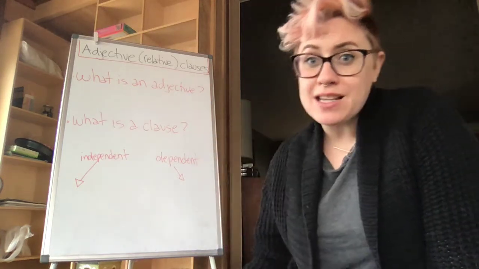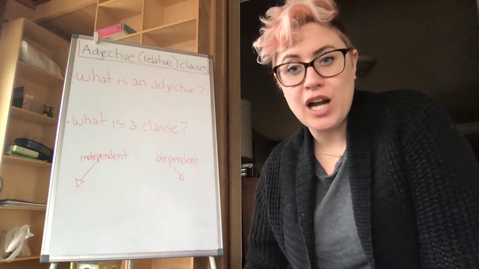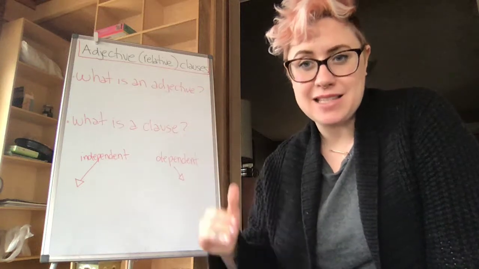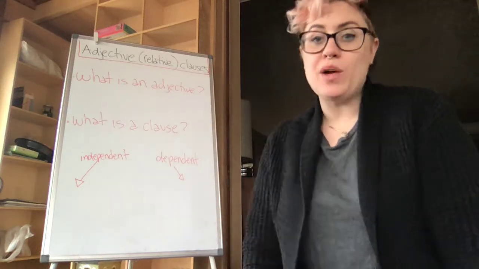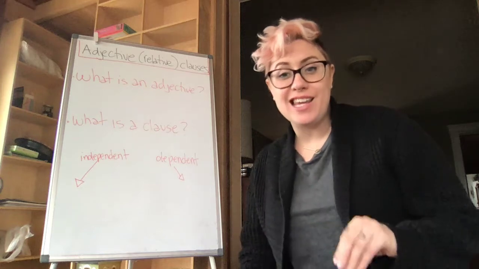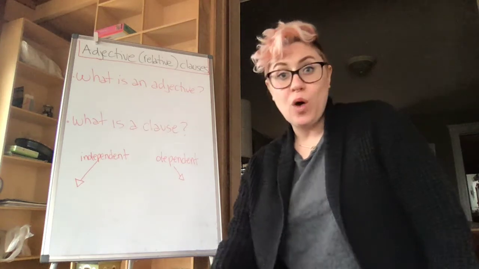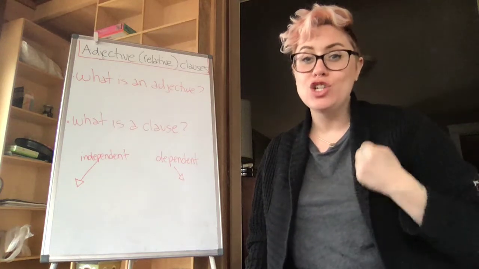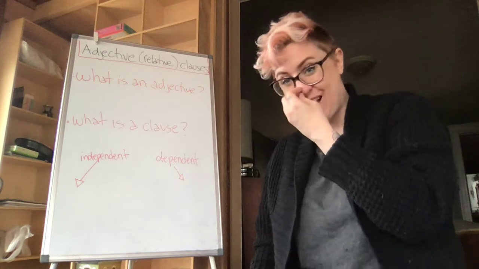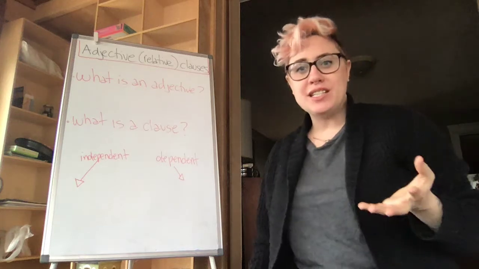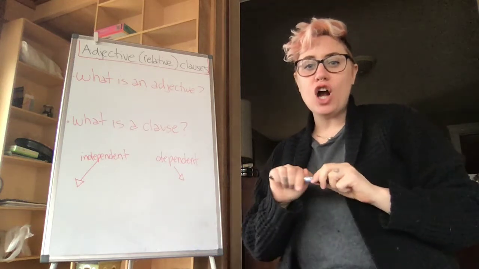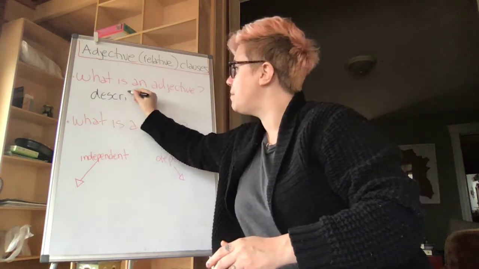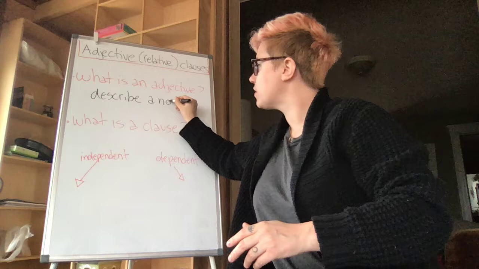In my experience, the best way to learn adjective clauses is slowly, step by step. So we're going to start with a pretty easy question: what is an adjective? I hope you know the answer to this question. Adjectives in the English language are generally words that describe a noun.